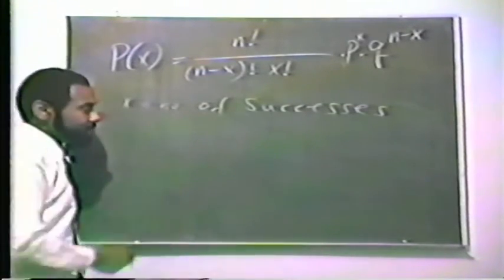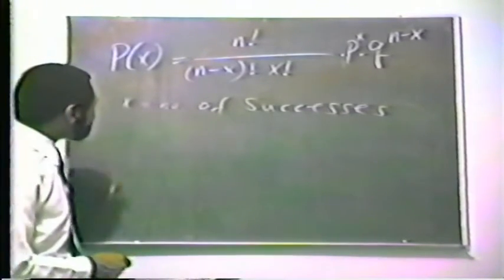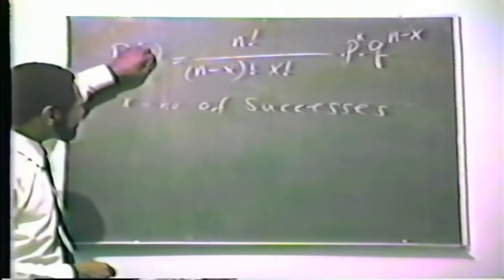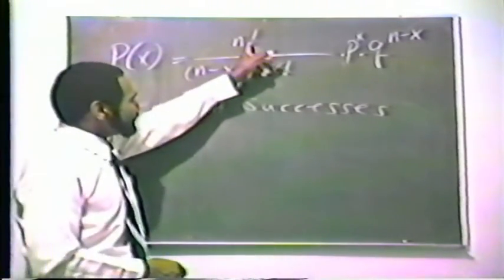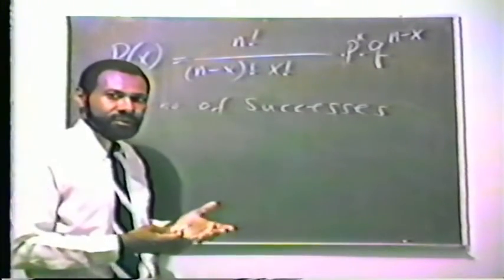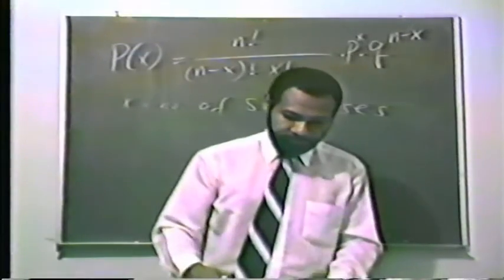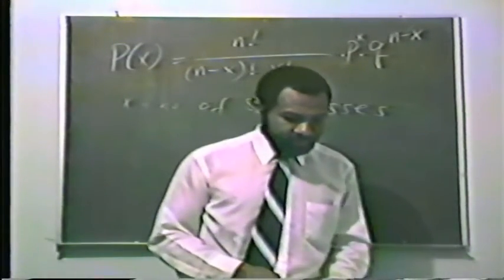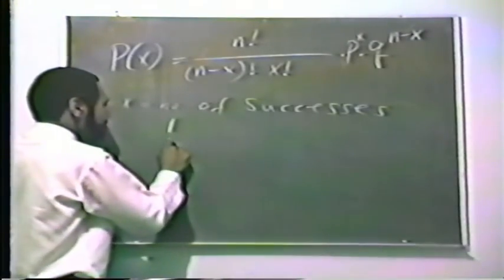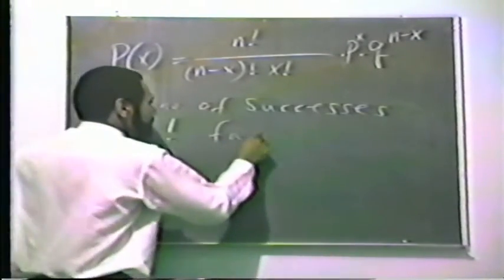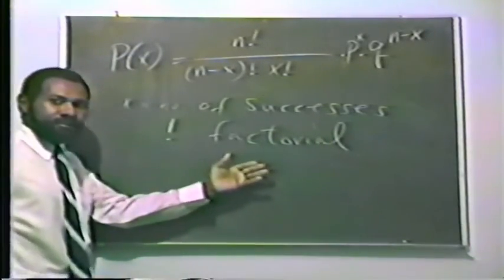So this is what we're talking about here for X, the number of successes that you're trying to find the probability of. So we have the probability of X successes equals N factorial, and we'll talk about exactly what a factorial is in just a moment. This exclamation mark is read factorial.